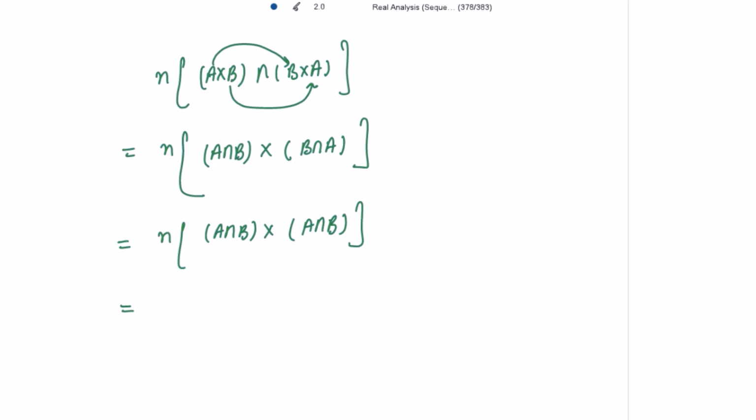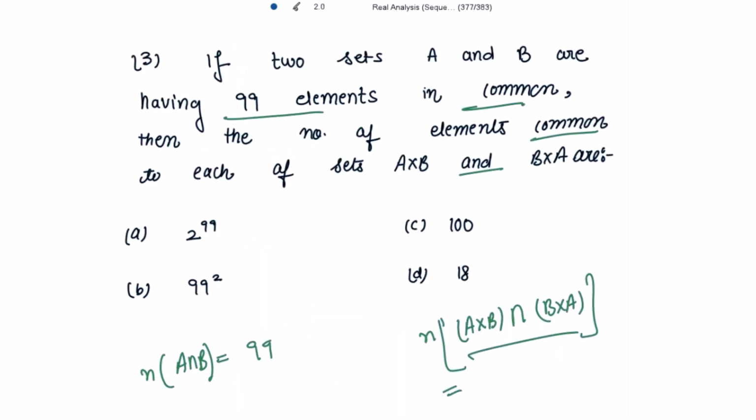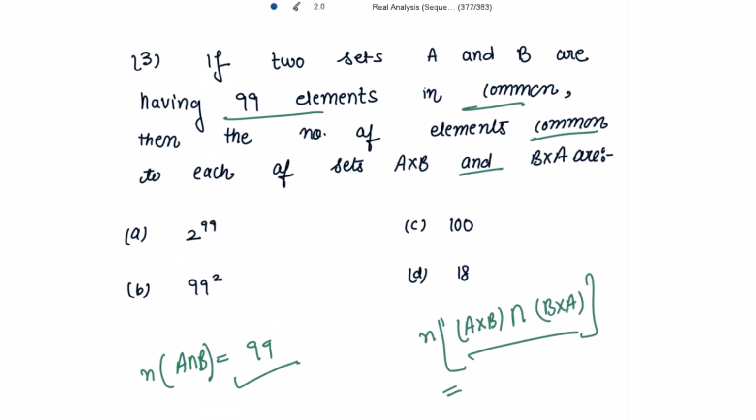So this is equal to the number of elements in A intersection B multiplied with the number of elements in A intersection B, or we can write this as the number of elements in A intersection B, whole squared. And the number of elements in A intersection B is given to be 99. So this is 99 squared. So yes, option B is right.